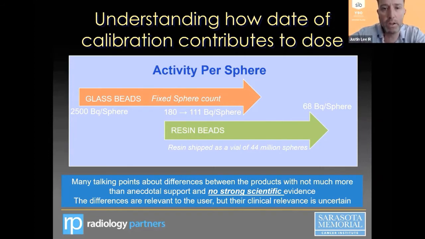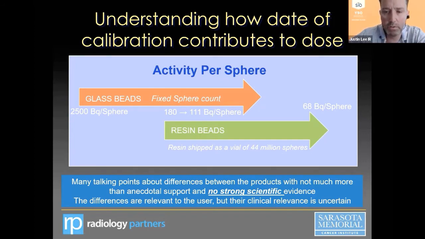And the two different products actually overlap somewhere here in the middle. Glass beads have a calibration time that starts at about 2,500 becquerel per sphere, and that decays over time. And we use the product somewhere within this time period. Resin now, with its flex dosing options, intersects it, so you can get a shipment of the vial early on in that pre-calibration period, where your beads will be more hot, or use it closer to your calibration time.